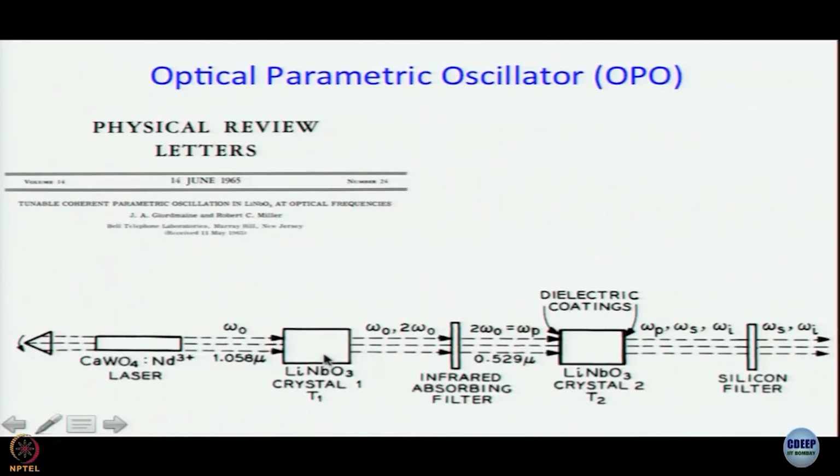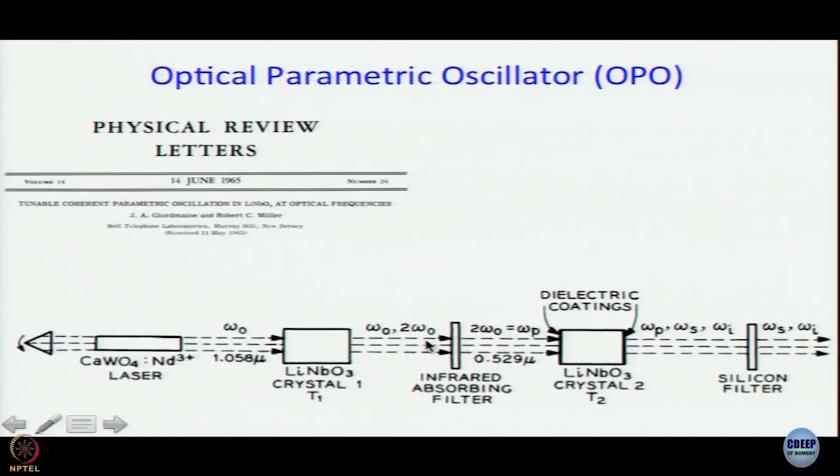First of all, they put in a lithium niobate crystal, which they called the T1 crystal, and the work of this crystal is to do what we already know, to generate the second harmonic, 2 omega 0. The moment you create the second harmonic, you know very well that the efficiency of conversion is only 20% or 15%, 10%, 8%, something like that. So, there you have two wavelengths already, omega 0 and 2 omega 0.